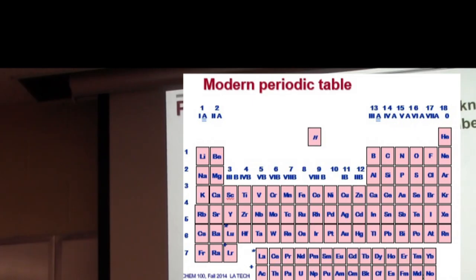So one thing we try to do is maintain similar chemical reactivity in a group. For example, group 1, which is also called group 1A, is called the alkali metals. Hydrogen is outboard. The reason is we think hydrogen is both a metal and a non-metal.